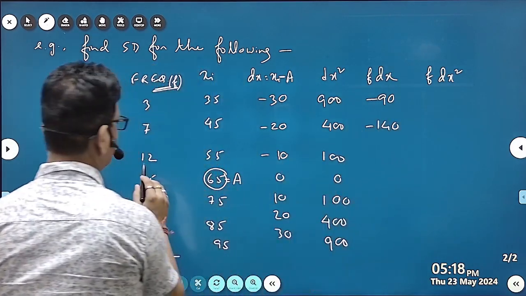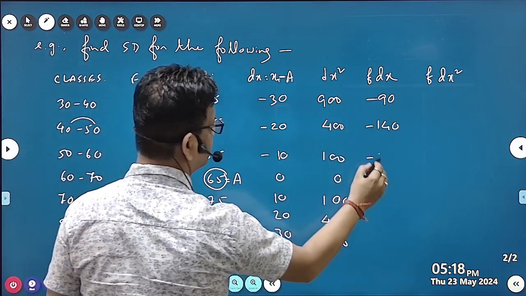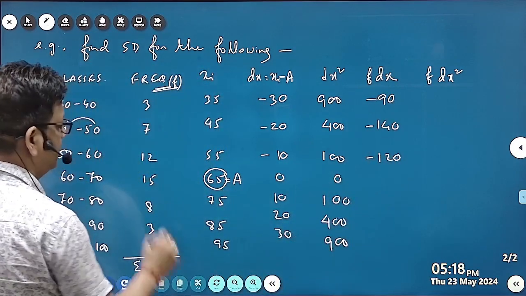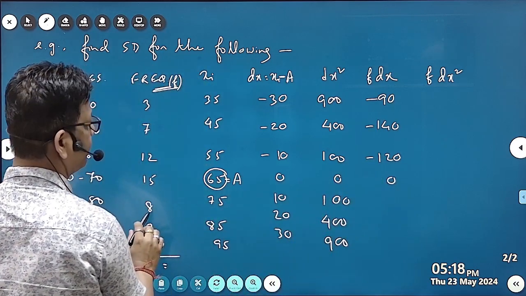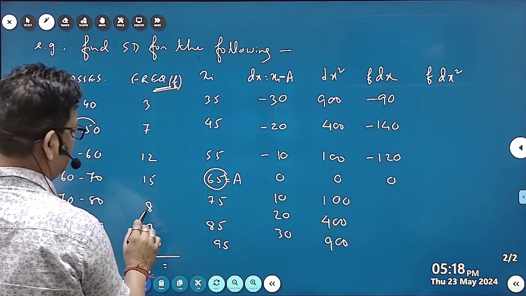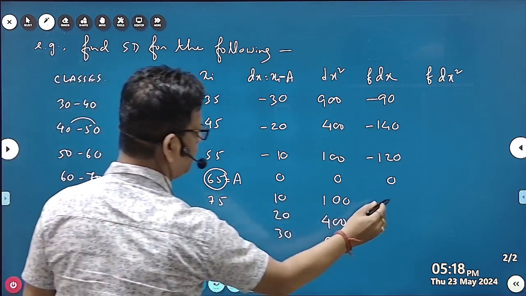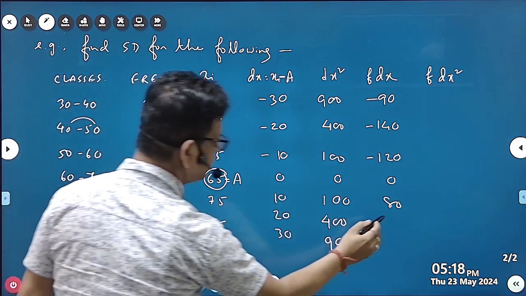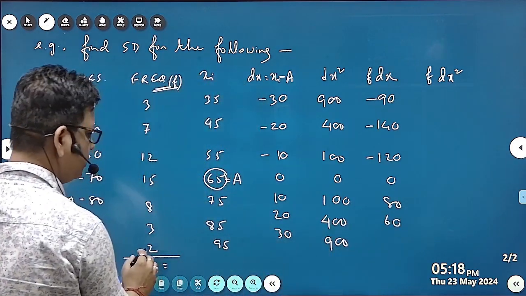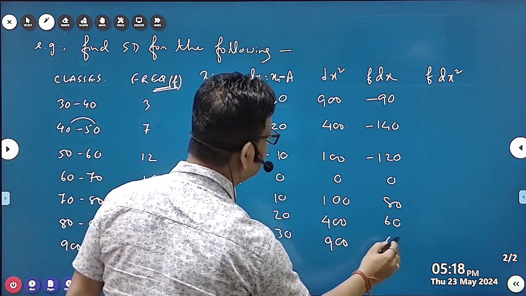Then 12 into minus 10, minus 120. Then 15 into 0, so 0. Then 8 into 10, 80. Then here 3 into 20, so 60. Then 2 into 30, 60. Is it okay everyone? Please check.